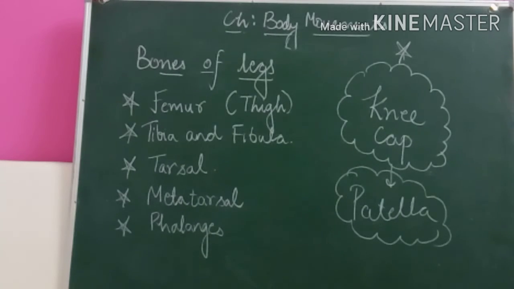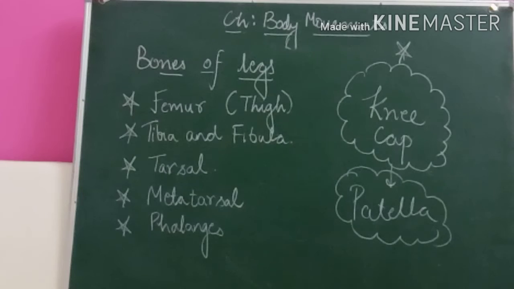So the pattern is: femur is the longest bone that is present in the thigh. Then comes tibia and fibula, that is present between your knee and ankle. Then comes your tarsals, then metatarsals, and then phalanges.